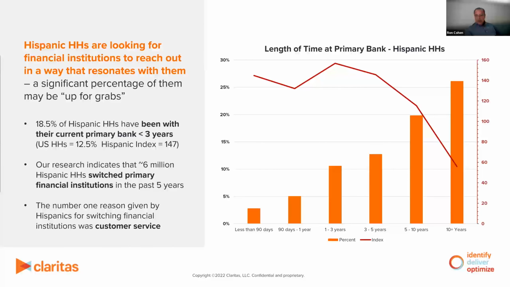They're switching, they're looking, right? Our research indicates that almost 6 million Hispanic households switched primary financial institutions in the last 5 years. So that's self-reported, self-identified, that this institution is my primary financial institution. 6 million of them switched in the last 5 years. That's an incredibly high number.